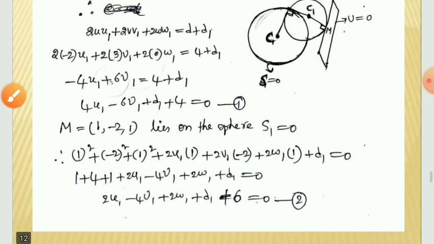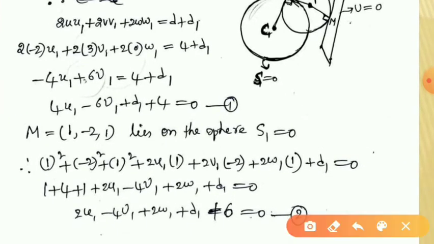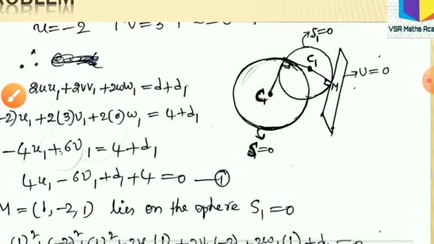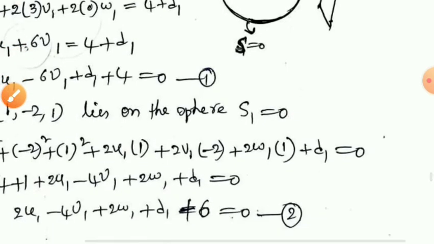So this is equation number 1. We apply another condition: M = (1, -2, 1) lies on the sphere S1 = 0. Here you can easily see that the sphere S1 = 0 touches the plane u = 0 at the point M. Therefore point M lies on the sphere S1 = 0, so point M satisfies the equation of the sphere.